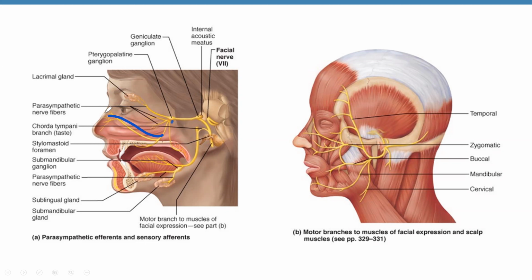So you have sensation, you innervate the tongue, and innervate the salivary glands. It innervates the sublingual, under the tongue, and the submandibular gland. And over here you can see the motor branches that innervate muscle, right? So that's it. Those are sensory, and those are motor branches.